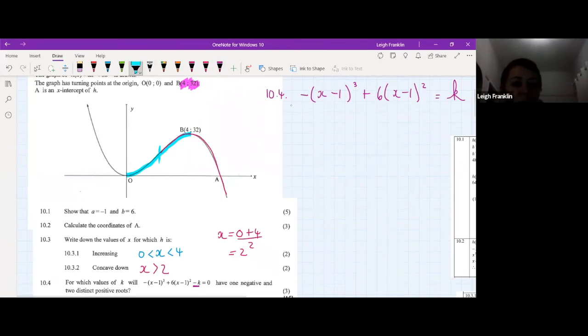What I can see here is exactly as Michael has said. This is my original equation, except now, instead of me having just an x, minus x cubed plus 6x squared, now I've got x minus 1, and again, x minus 1. So when we add and subtract inside our bracket like this, it's an indication that some kind of horizontal translation has taken place.